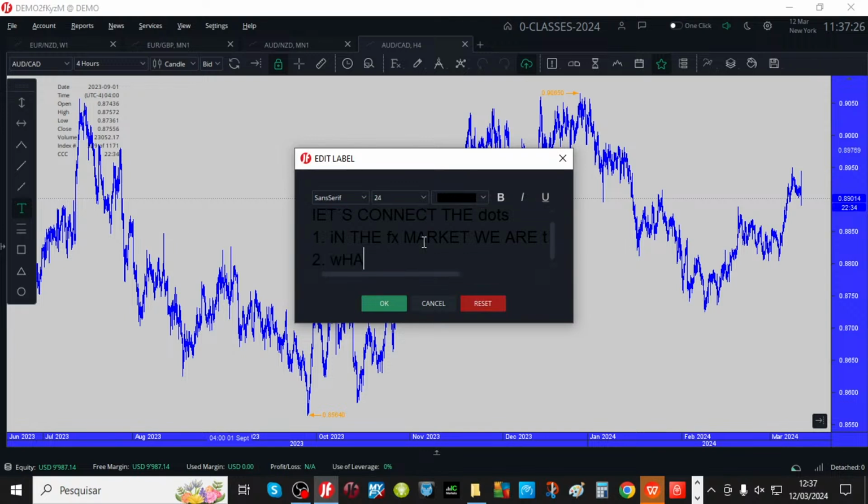Number two, what makes the money is the appropriate use of the stop loss level. And number three, to have a better probability, you need to understand alignments.